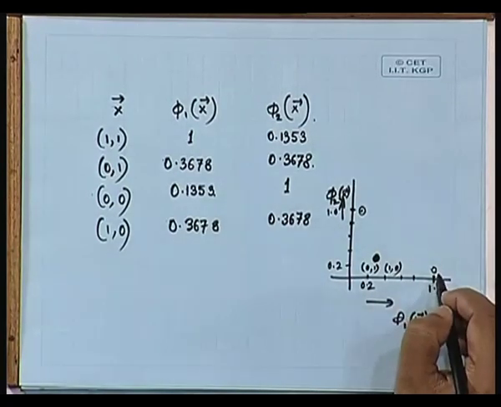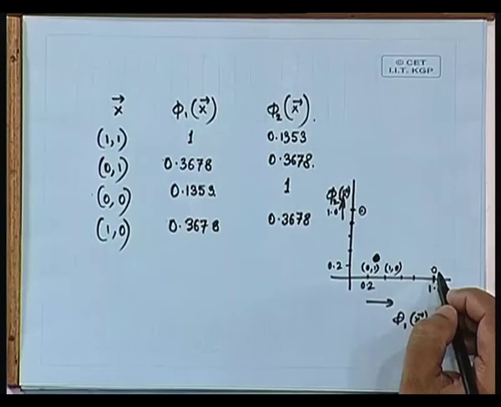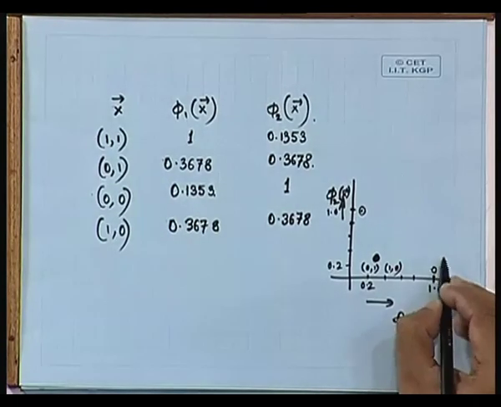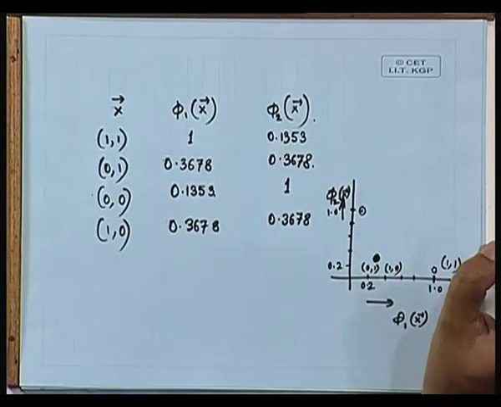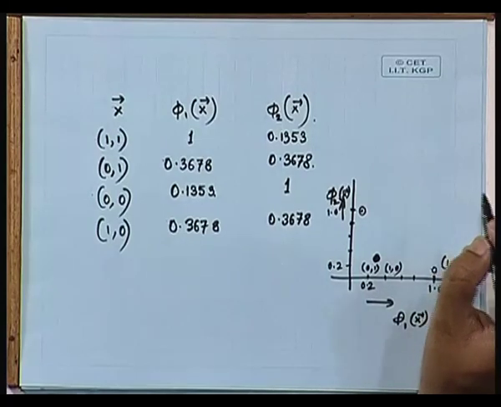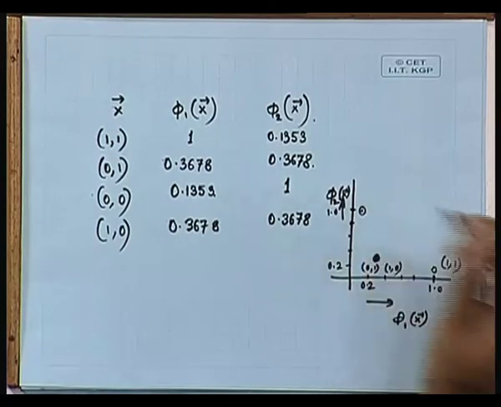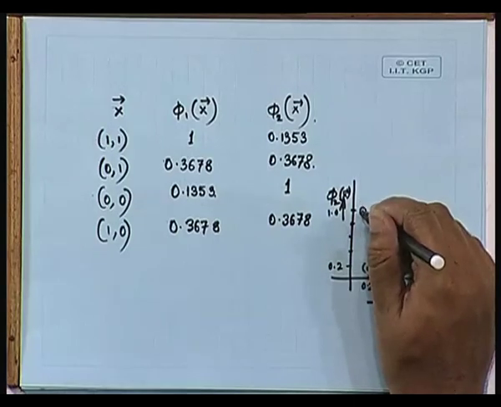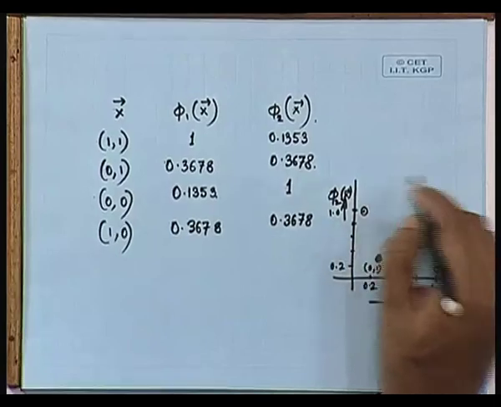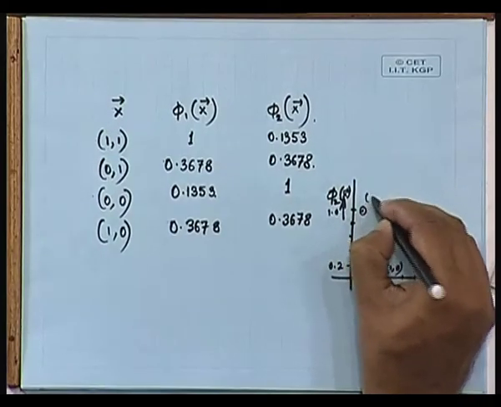So this will correspond to phi 1 equal to 1 and phi 2 equal to 0.1353 for the pattern 1, 1. Am I correct? Yeah. And this one will become phi 1 equal to 0.13 and phi 2 equal to 1, which will make it actually 0, 0.